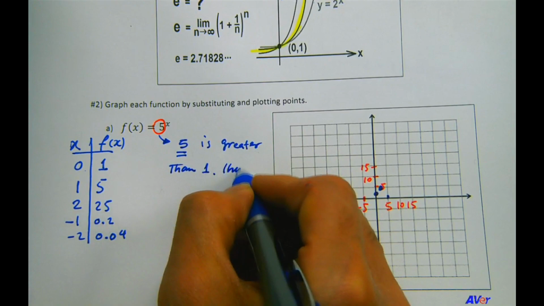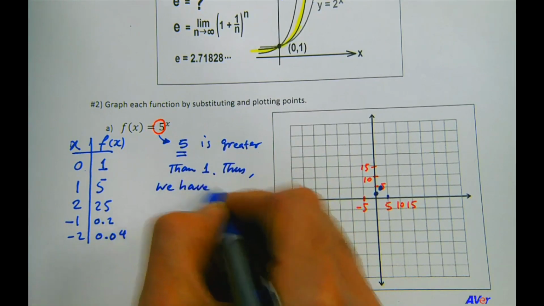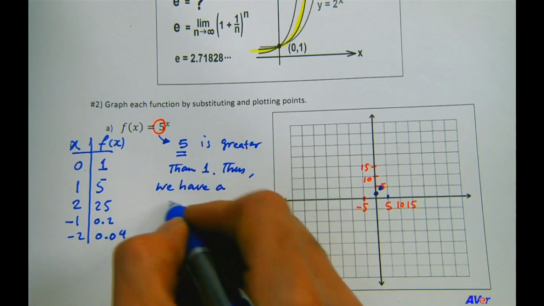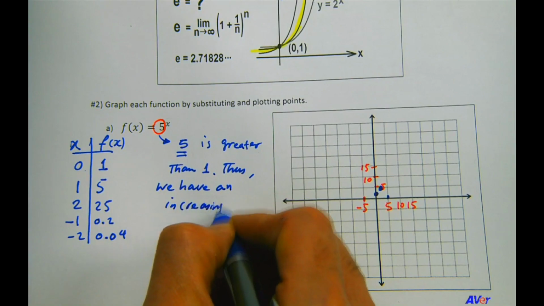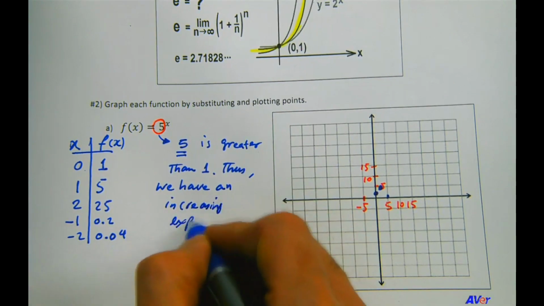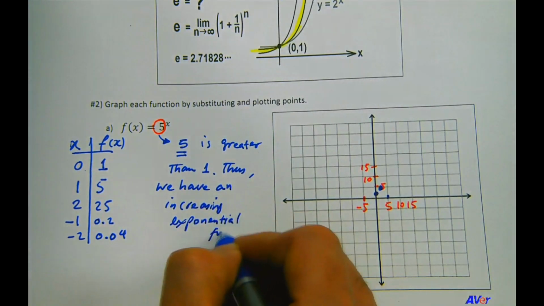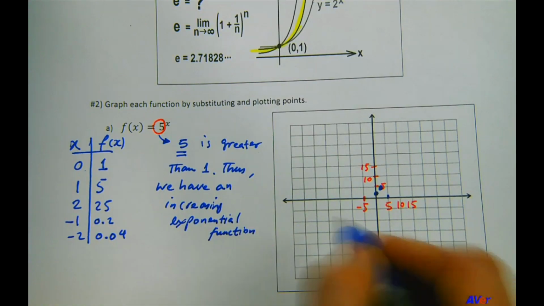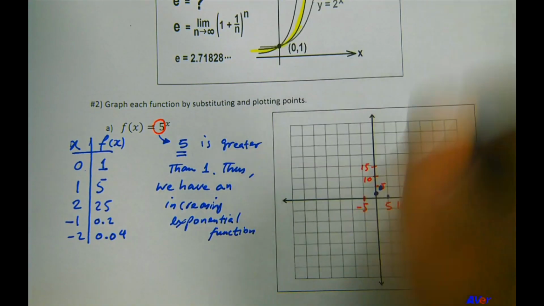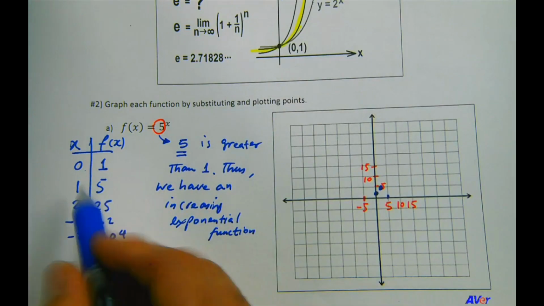Thus, we have an increasing exponential function. So we know this line is going like that, increasing. We already have an idea.